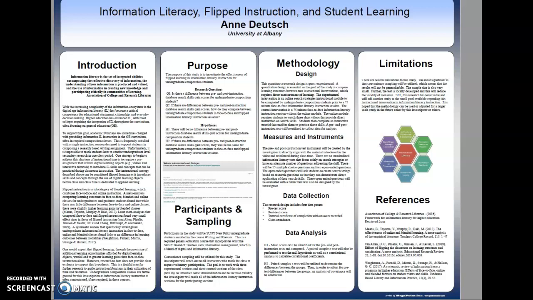And so then with the pre-quiz and the post-quiz, those data collection points become the pre-test score and the post-test score. For the tutorial, that online module, there's a certificate of completion, so we'll look at those, and we'll also look at class attendance.